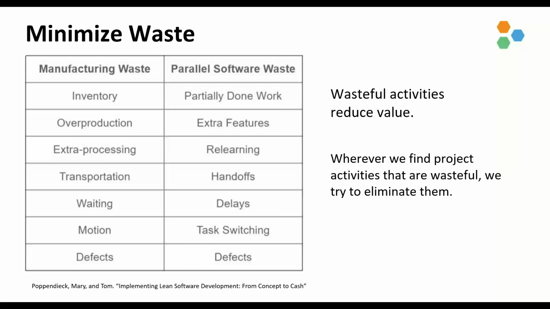And then we have defects. Defect waste is not only the time spent in testing and fixing whatever the defect is, but also the time it is there lying undetected, which causes subtle undetected issues in the operation on the customer side, which is not a good thing.